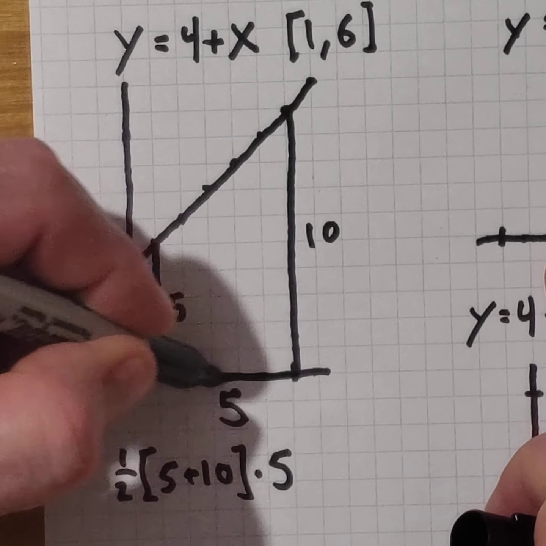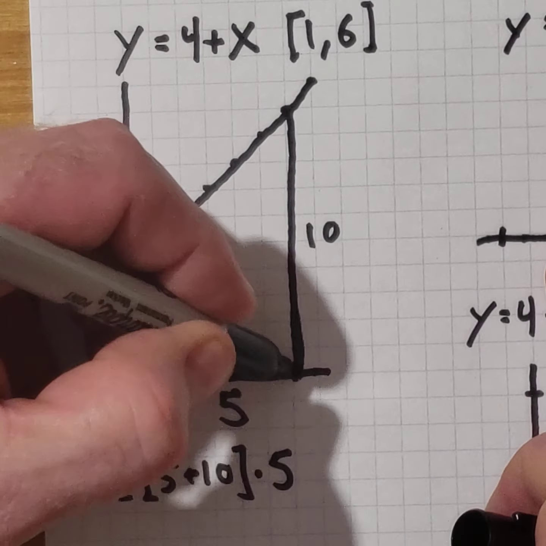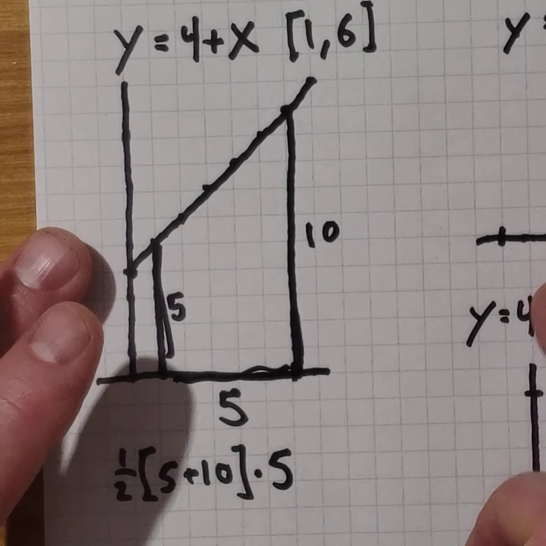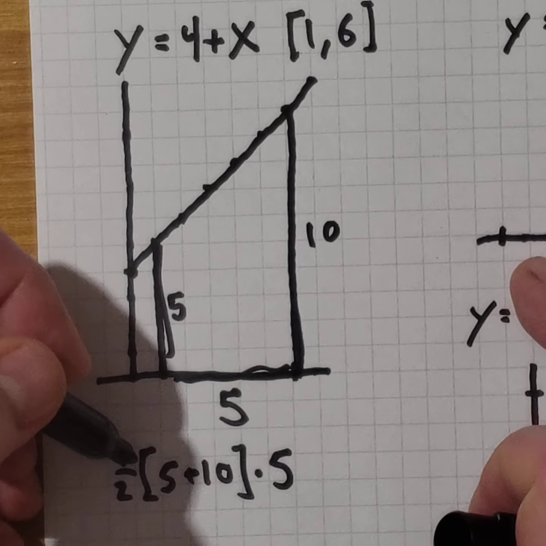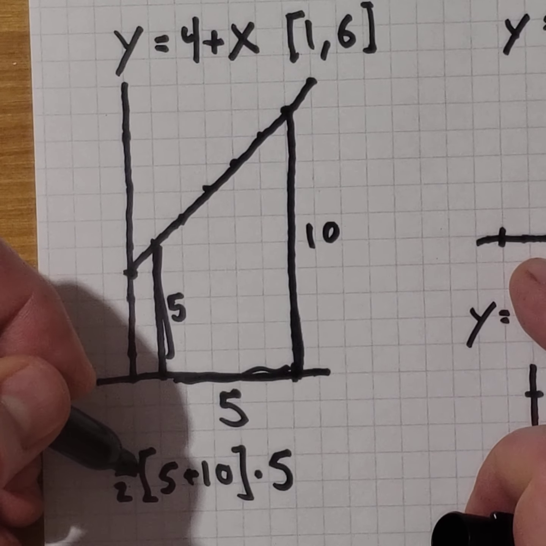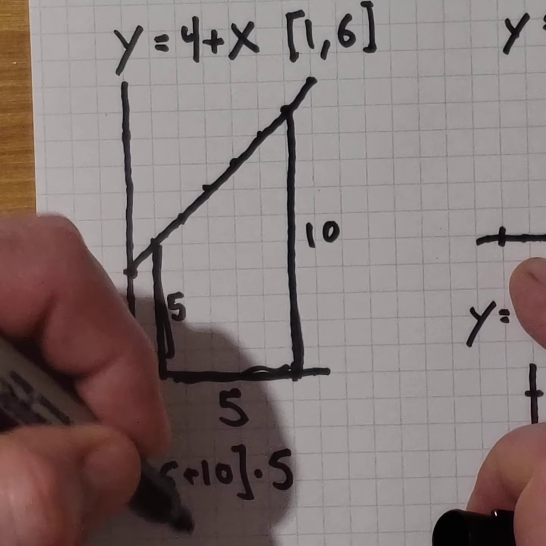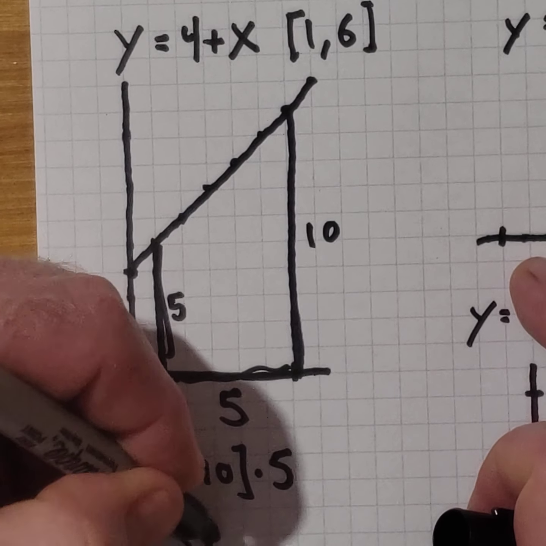Actually, they call this the height. This would be base 1, this would be base 2, and the perpendicular distance between them would be the height. So there we get 1/2, 5 plus 10 is 15, half is 7.5, times 5 is, I don't know, 37.5 maybe.